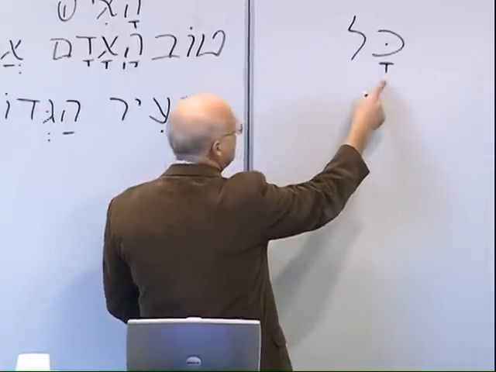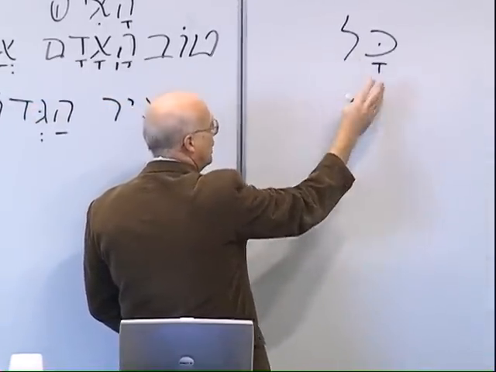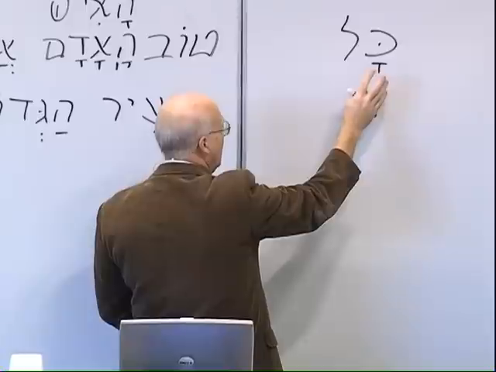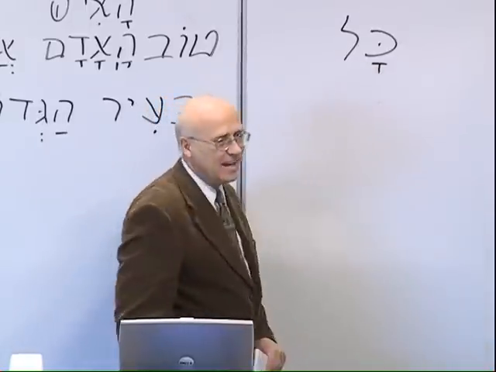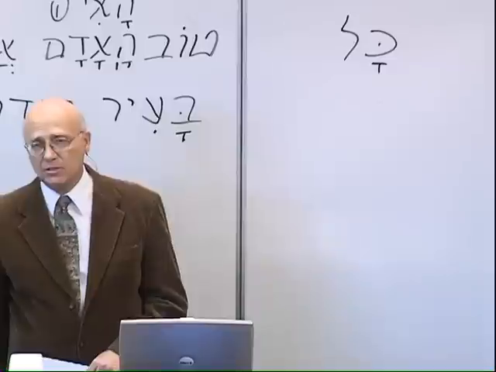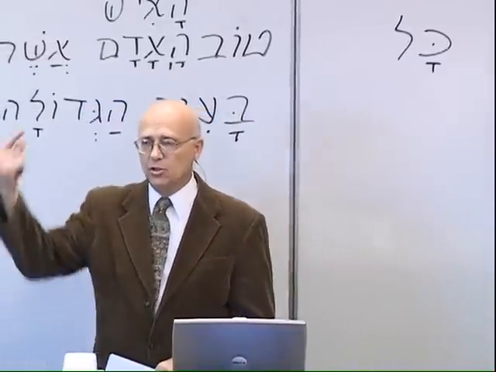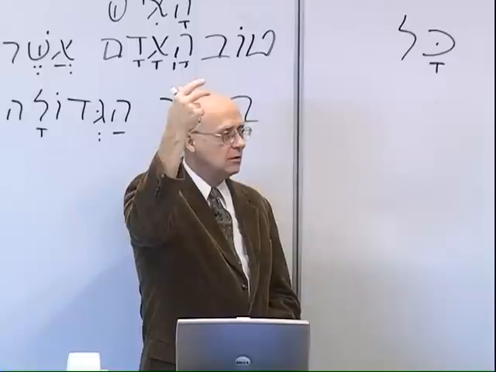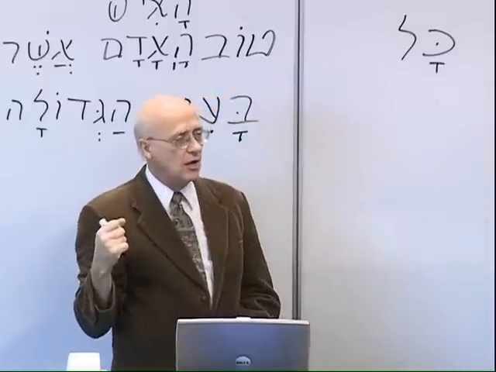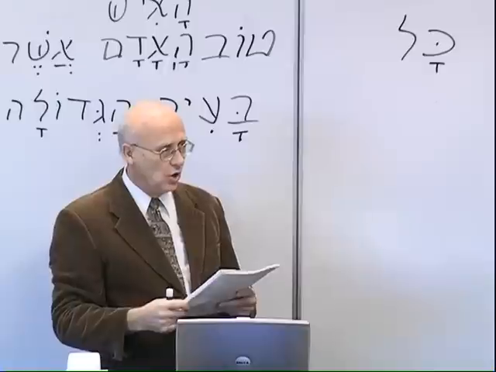But you know that if it's this way, it has to have another word after it. It's in genitive relationship with it, and it has to be pronounced together with that word. Therefore, this will become an unaccented closed syllable with a kametz. It's a kametz hatuf, and that's a short vowel as opposed to the holem being a long vowel. All right, so the construct form of kol is kal.